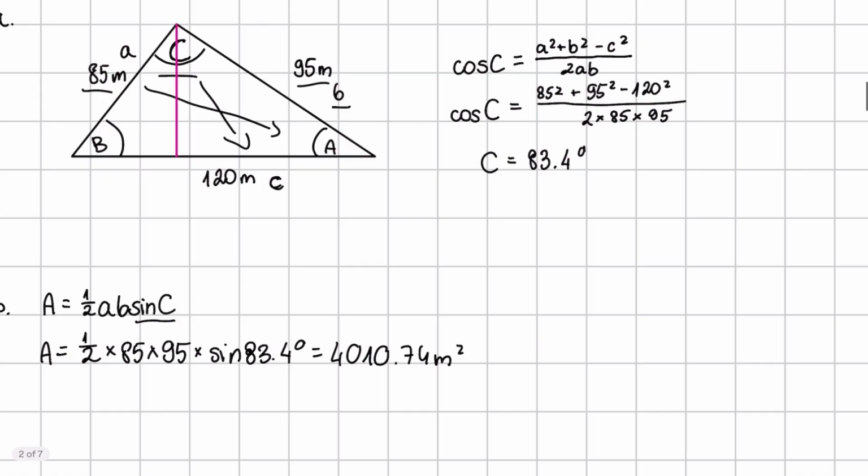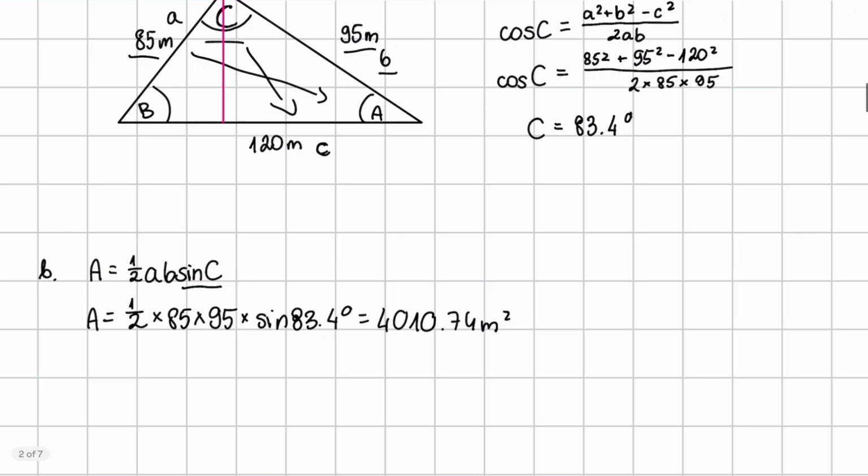So basically this is our height of the triangle. So we can simply solve it by using the formula for the area of the triangle, however the basic one. So 1 over 2 times a times h.